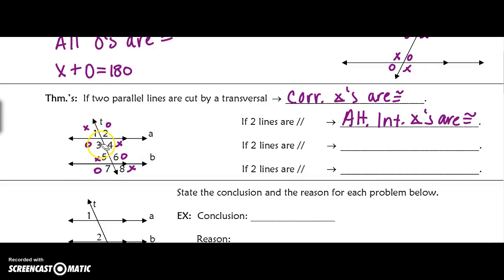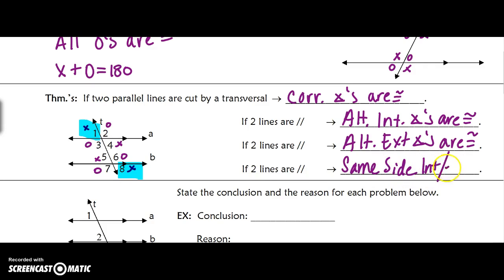If we talk about alternate exterior angles, then we look at, let's say, 1 and 8. Now, those are both X's, so if we want to say we have alternate exterior angles, then we can say that they are congruent. And then the last one would be same side interior and exterior.